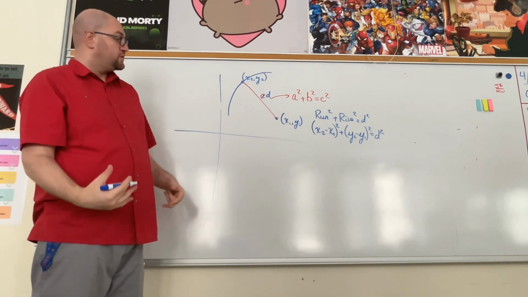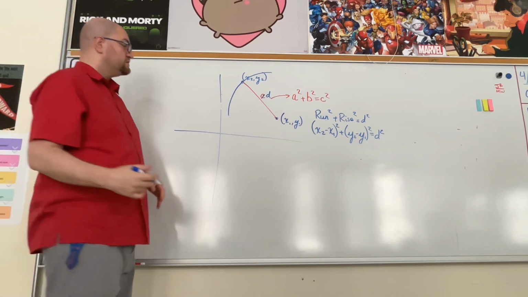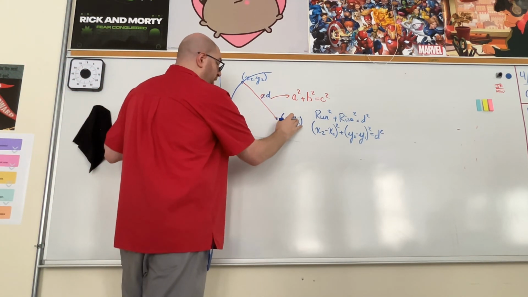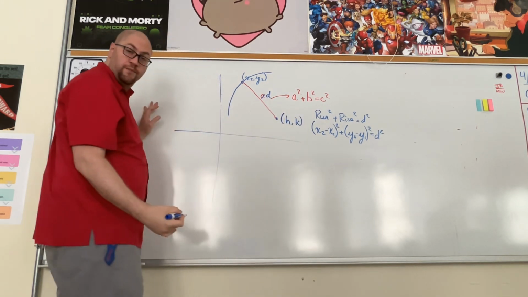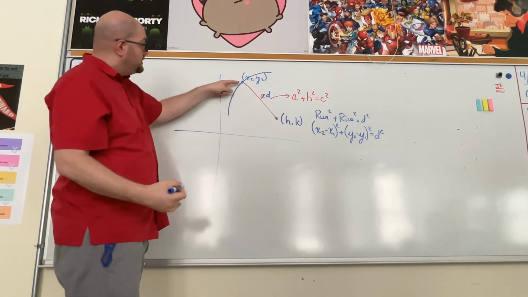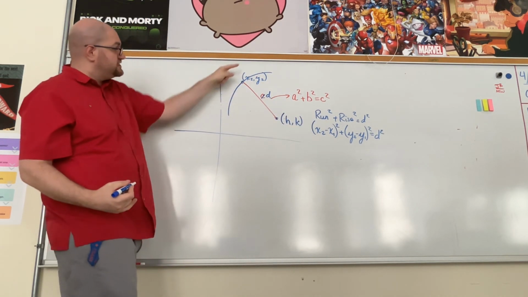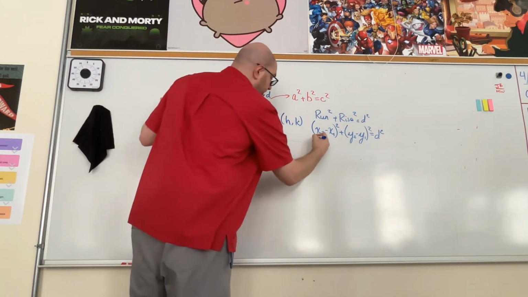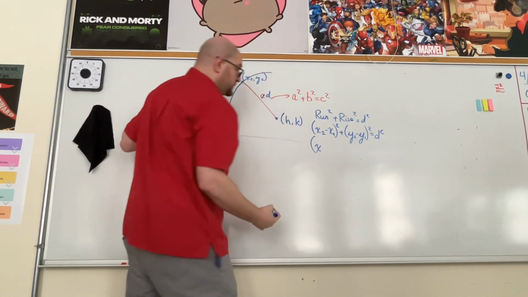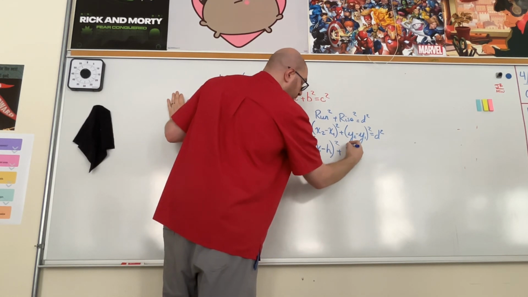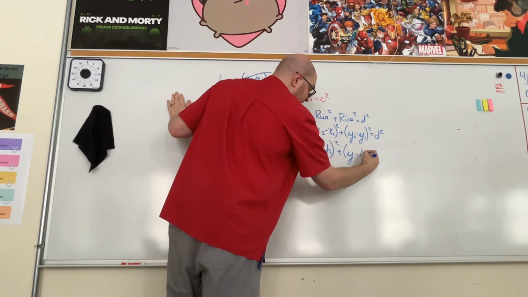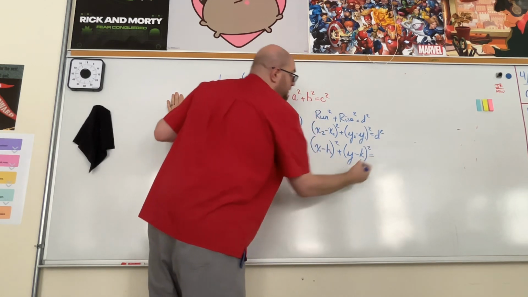The idea is that all a circle does is, instead of this being x1, y1, we name this h and k. And for x2 and y2, we don't have an actual point. This changes. So what we do is we get rid of x2 and call it x minus h squared plus y minus k squared.